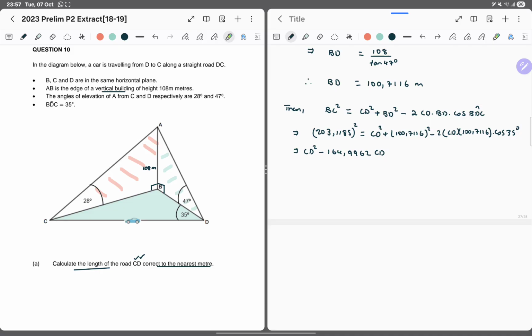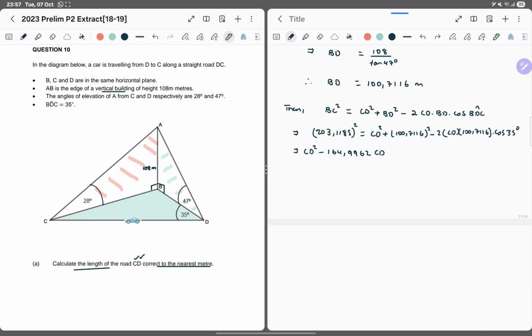So this is 203,1185 all squared. So what do we get? In fact, let's start with the 100,7116 all squared. Then we're going to subtract the 203,1185 squared so that we can have it nice and easy.